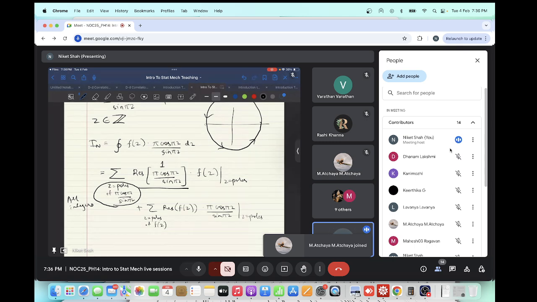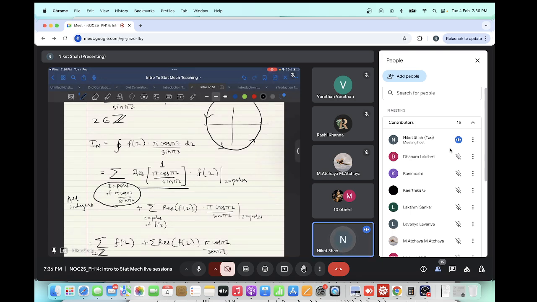So what I get is, on the right hand side, one of the terms is the sum over all the integers of f of z, plus the residue of f of z term multiplied by pi cos pi z upon sin pi z.